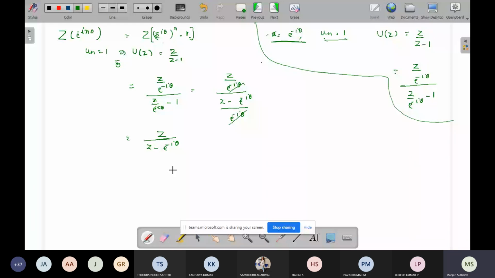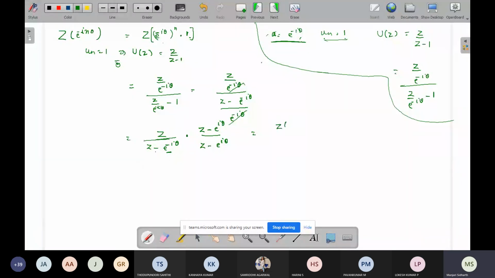When we have a complex number in denominator, we multiply by its complex conjugate so that we can remove this complex number from the denominator. So the complex conjugate will be taken for this, not for here. Okay, so we'll multiply by e power i theta. Because it is minus, the complex conjugate will be plus.